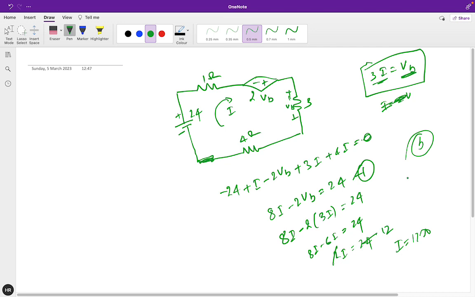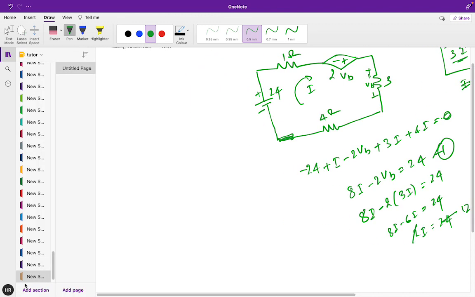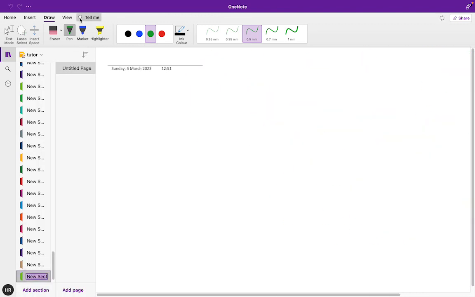So we solved up to question number 11. Let's try question number 12. I already discussed this question in a class, but here also I will solve it. You have an infinite capacitance circuit.